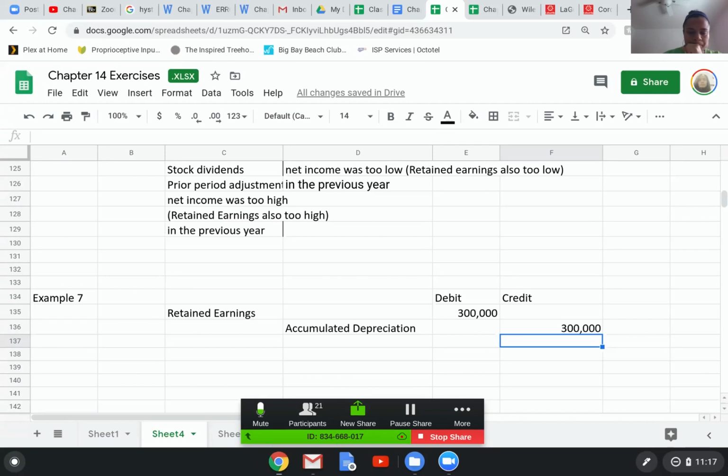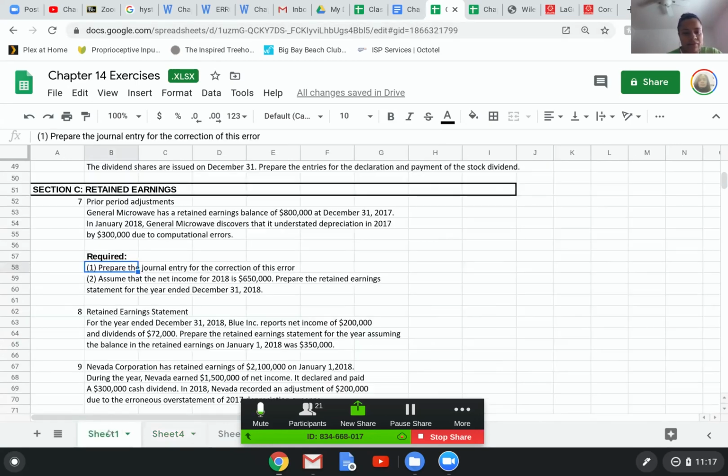So let's say you did some type of accrued expense and you did salaries payable and salaries expense, if there was a mistake with that, then the other side would be salaries payable, right? So in this case, it's just accumulated depreciation because the error is actually related to depreciation. Got it. So it depends on the account that is affected.